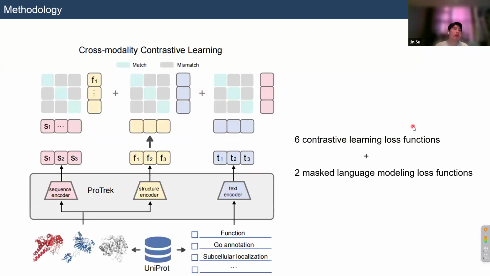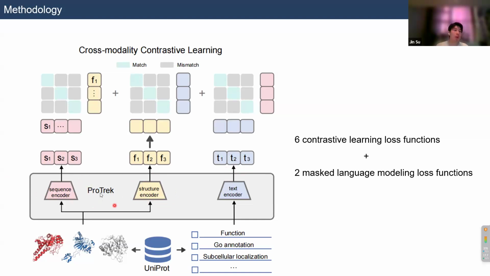So here is our ProTrek model architecture. ProTrek contains 3 modality encoders: a sequence encoder, a structure encoder, and a text encoder. Here the structure encoder is a BERT model, and the input is a 3D sequence encoded by Foldseek.